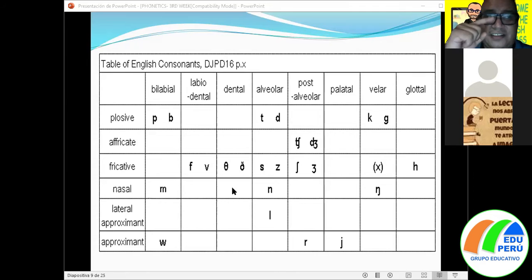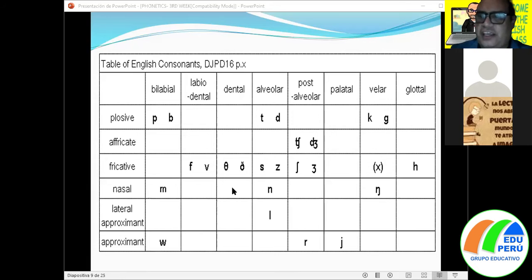So they are fixed, and this is movable, all right? Because you can move your jaw, your lower teeth, lower lip, your tongue. These articulators are movable, but these others are fixed.